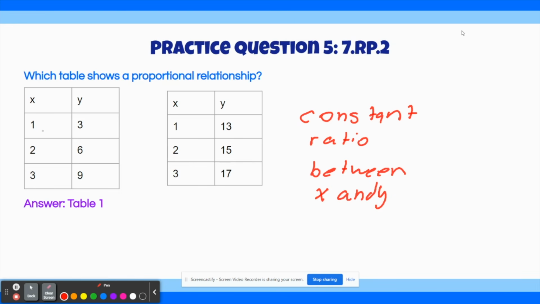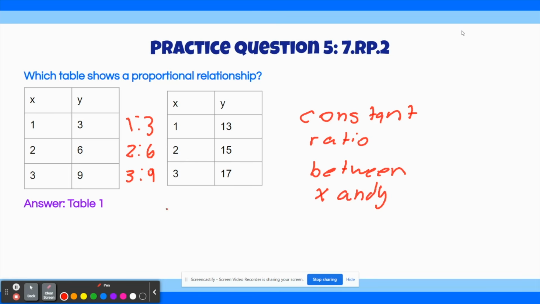So let's start off with table 1. Here we have 1 to 3. So the ratio between x and y is 1 to 3. Here we have 2 to 6 and 3 to 9. Alright, so what we can see is all three of these ratios are actually equal. 1 to 3 is the same ratio as 2 to 6 and 3 to 9.